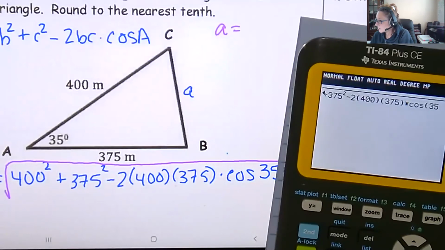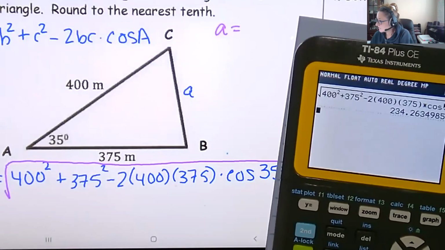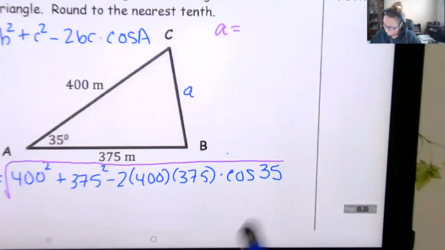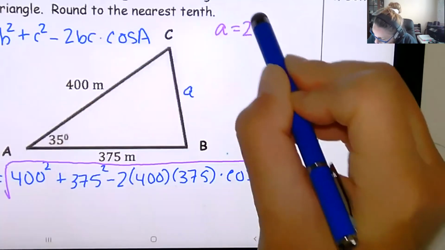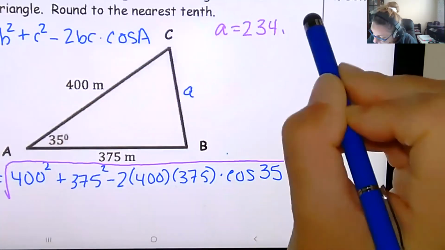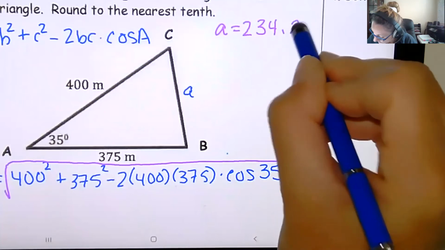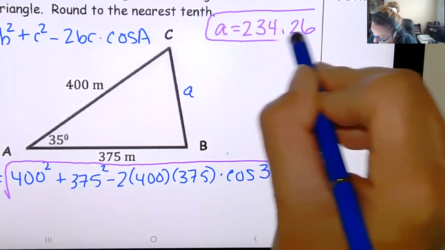And when I put all that in, I end up with 234.26. Okay, that's my A.